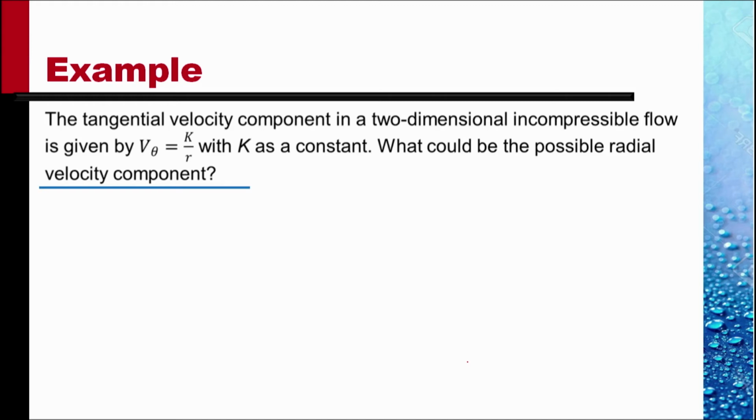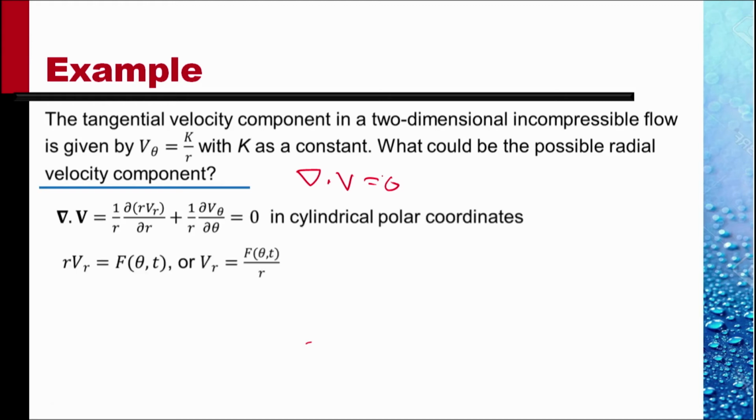So we'll use the form of the equation del dot v in cylindrical polar coordinates, and in cylindrical polar coordinates del dot v is 1 by r del over del r of r Vr plus 1 over r del v theta by del theta.